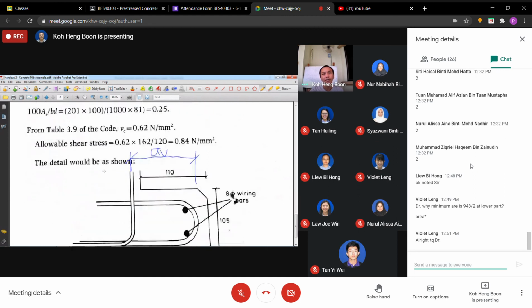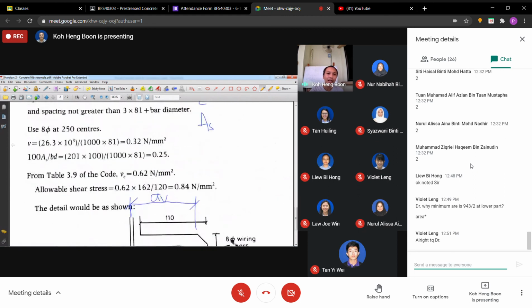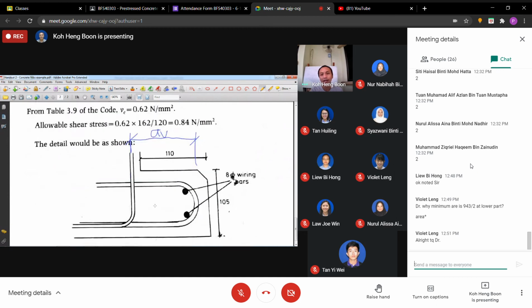So after this, at the end we have to check for the stress. This is very thin, like a slab, a cantilever slab. So we are not going to provide the shear. We're not going to provide the shearing.